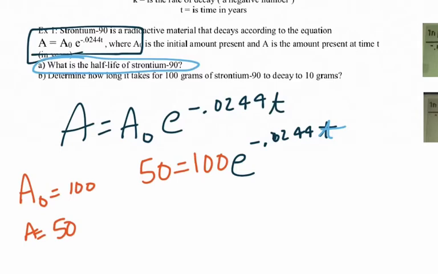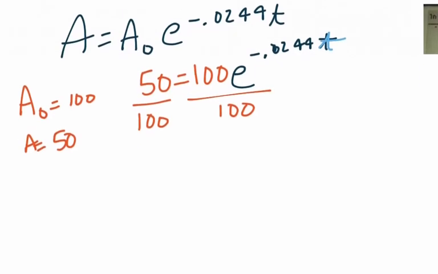So the cool thing about this particular formula is when I divide both sides by 100 in order to solve for the base e, I wind up with a half over here. So it's no coincidence that when you're looking for the half-life, you wind up with a half is equal to e to the negative 0.0244 t.